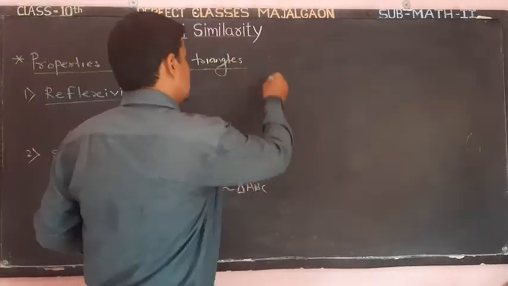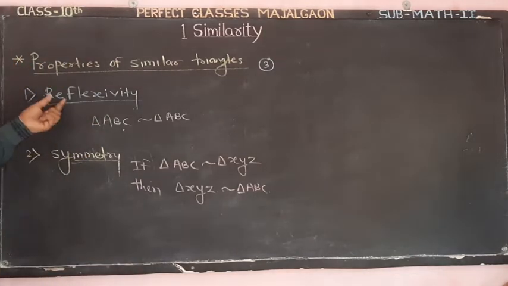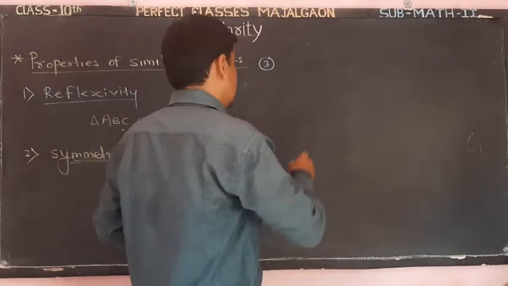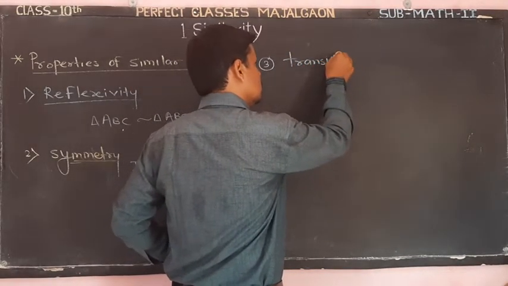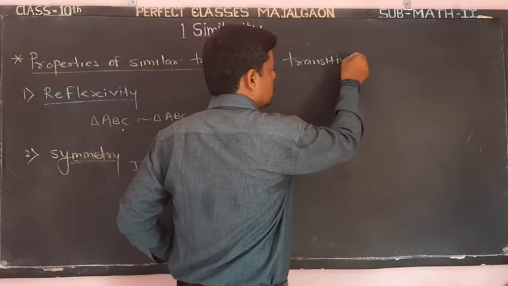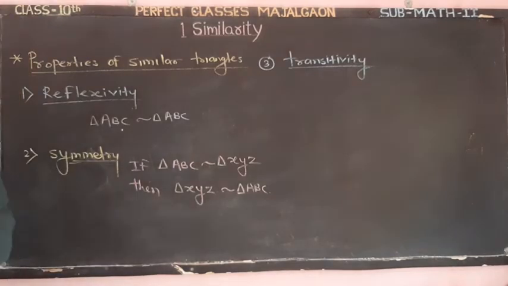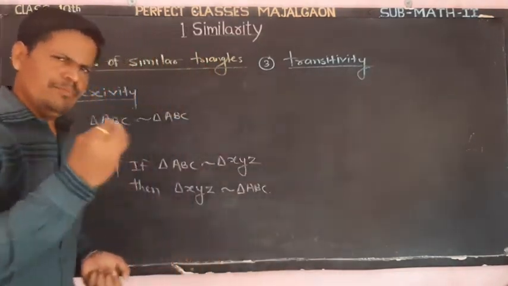Then the last and third property. Here we see first reflexivity, then symmetry, then transitivity. What is transitivity? Here I explain this property by a simple example.